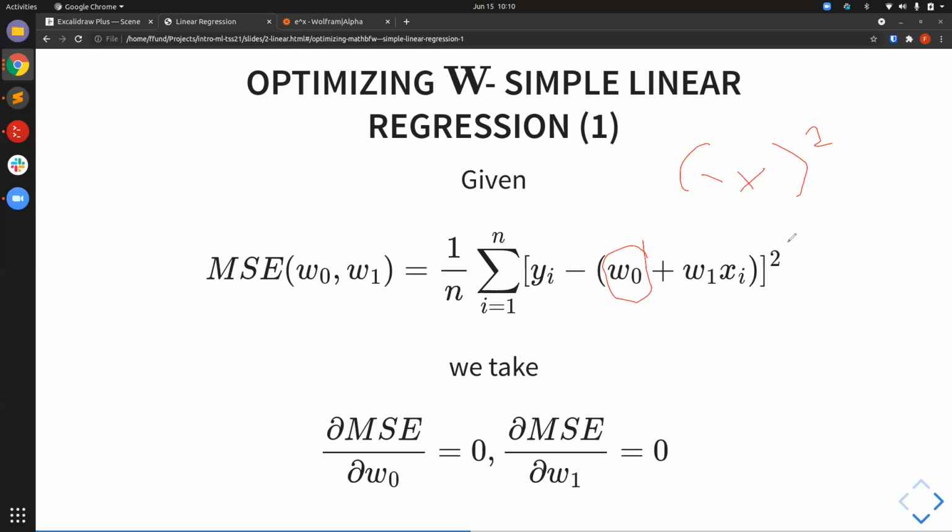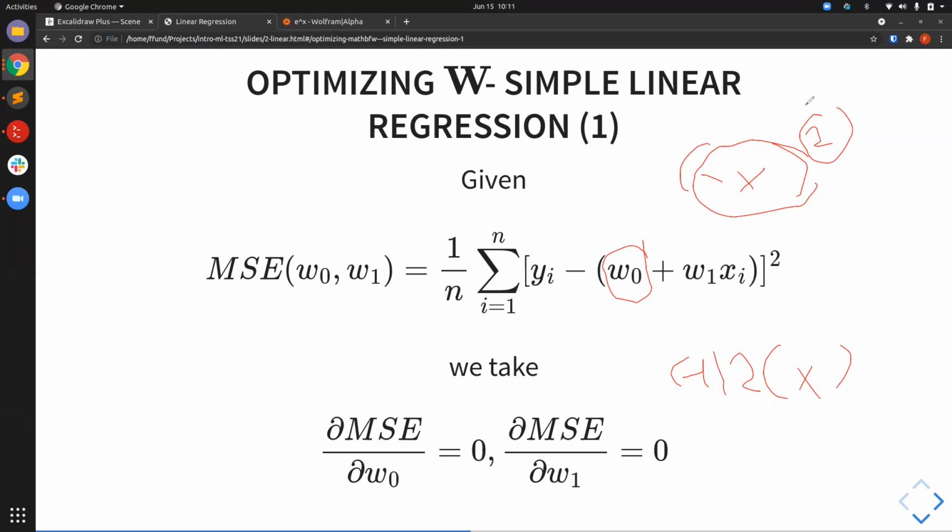Okay, so this is minus 2x using the power rule, product rule, chain rule, right? So first I take the derivative of this whole thing, given that it's raised to the power 2, I have 2. Then I take the derivative of the inside part using the chain rule. Now I have a minus 1.